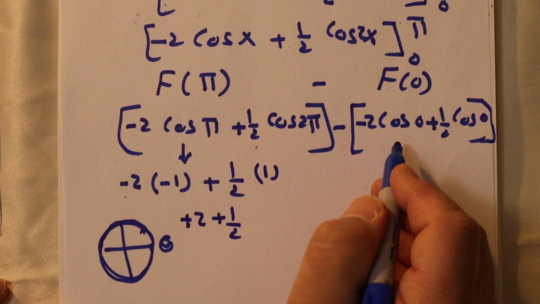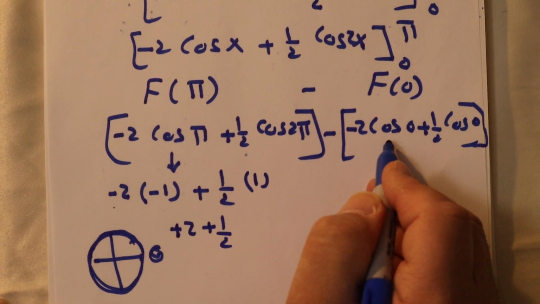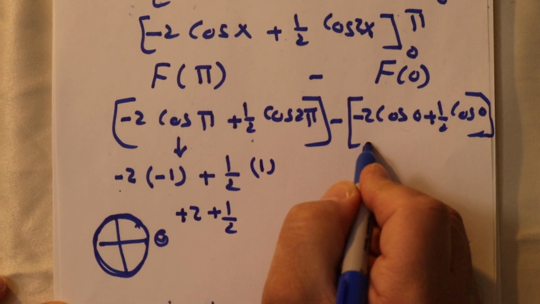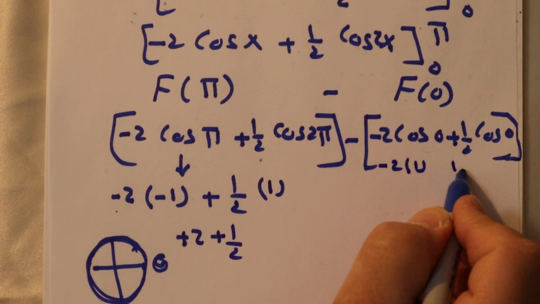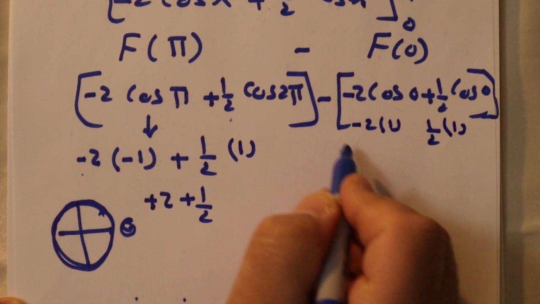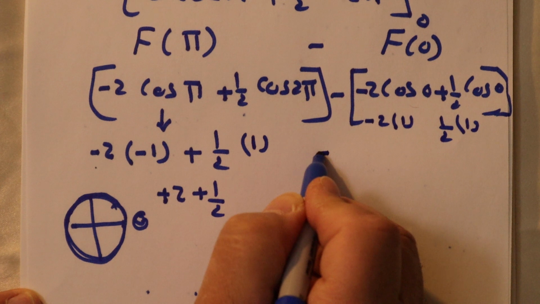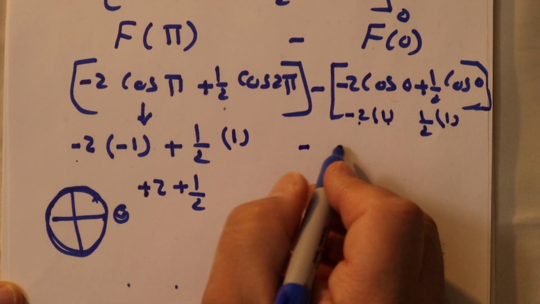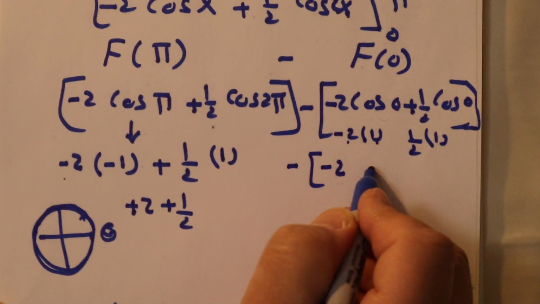Let's evaluate the other part. Cosine 0 is 1, and 1 times negative 2 is negative 2. Here, 1/2 times cosine 0 is 1, and you have minus here. Negative 2 times 1 is negative 2, and 1/2 times 1 is 1/2.